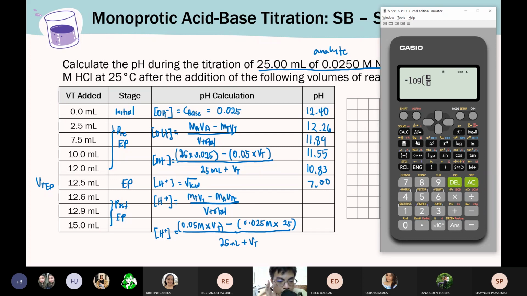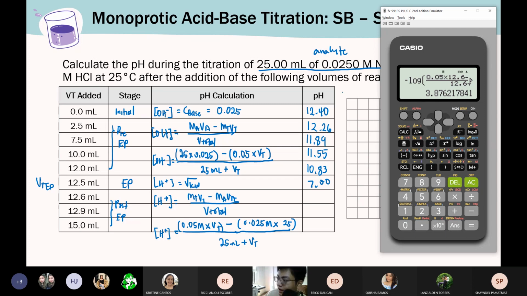Okay, 12.6, tignan natin. 0.05. 12.6. Oopsie, nagkamali ako ng type. 0.6. Okay, so 3.88, 12.6.